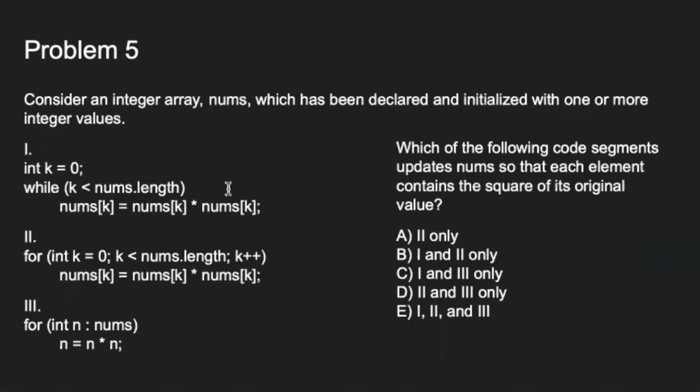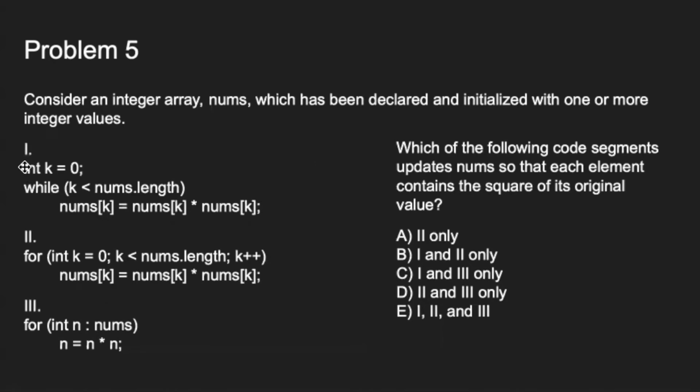Problem number 5, we have an integer array nums which has been declared and initialized with one or more integer values, and we want a code segment that will change every element in nums to its square. So which of these pieces of code does that properly?